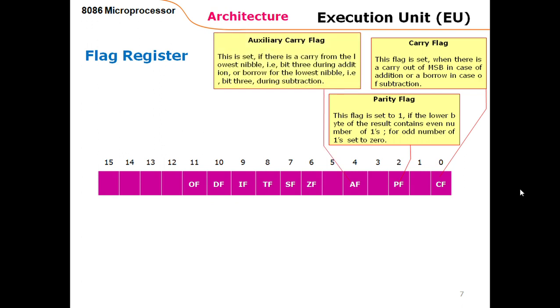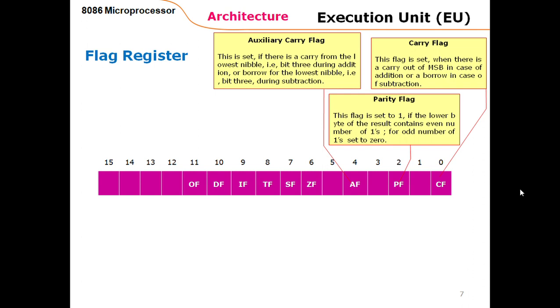There is a third flag at bit position 4, which is the auxiliary carry flag. The auxiliary carry flag is set if there is a carry from the lowest nibble, or bit 3, during addition, or a borrow for the lowest nibble during subtraction. When two values are added, the lowest nibble starts from bit 0, 1, 2, and 3.